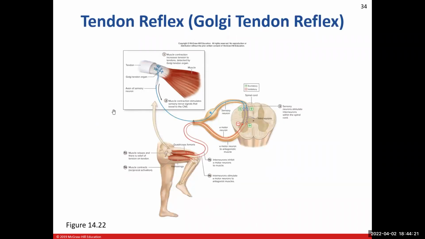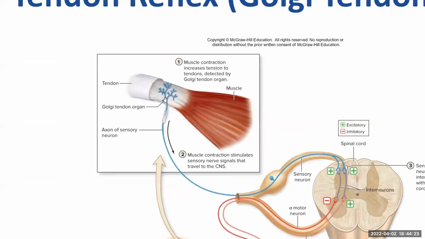Pictures are lovely. Okay, so here you can see, here's our Golgi tendon organ. Where is it sitting? Right here where the muscle and the tendon are joining up, that junction area. So their job is to monitor the amount of tension that is occurring here in the tendon and where the muscle meets, because when the muscle contracts, it will obviously generate tension.